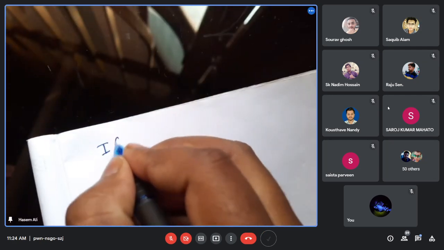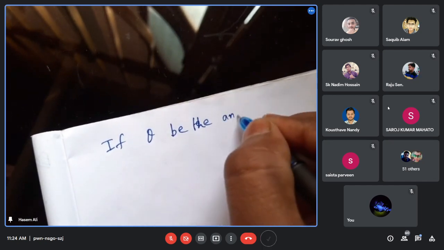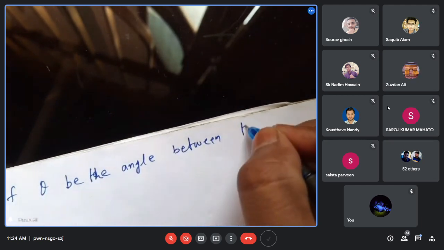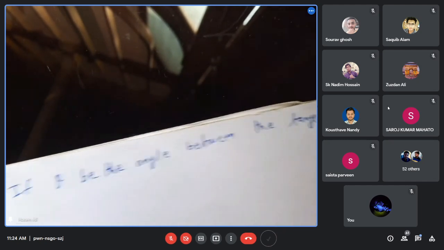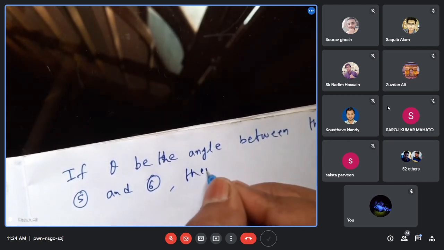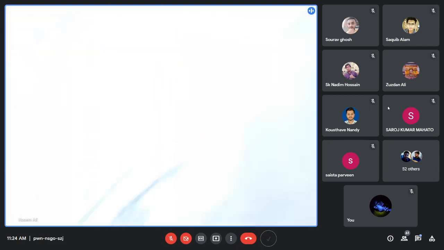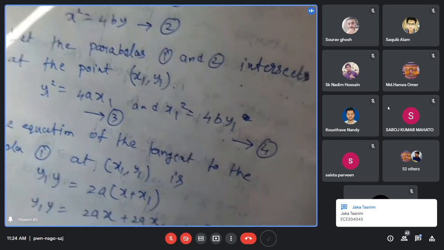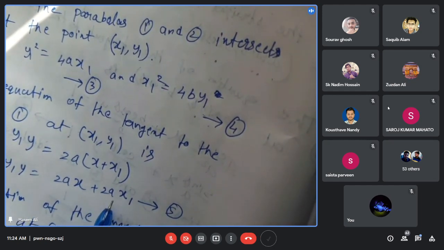If theta is the angle between the tangents 5 and 6, then tan theta equals to, what will be tan theta? What is the gradient of line 5? y1 y equals to 2ax plus 2ax1.